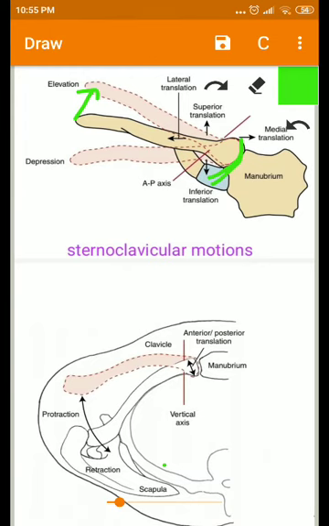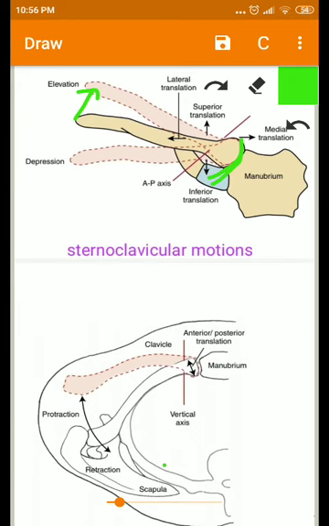Though it is having such a degree of movement, such 180 degrees of range are not used during functional ranges, because about 45 degrees of elevation is enough for doing our normal functions.